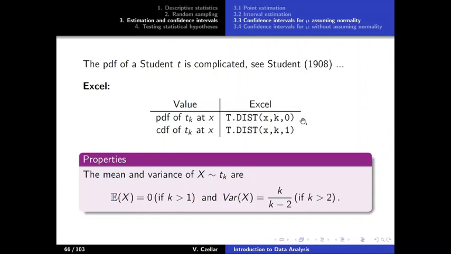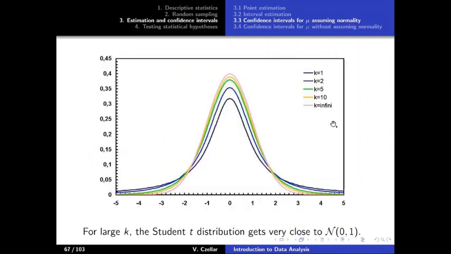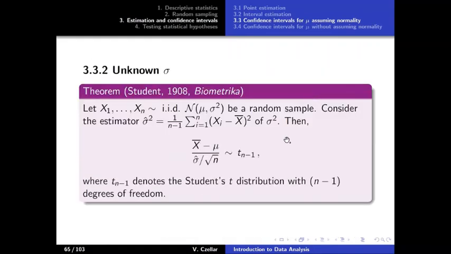The important part for us is what the density, the PDF, looks like. If you take the Student t with k degrees of freedom, the degree of freedom is the parameter. It's called degrees of freedom.